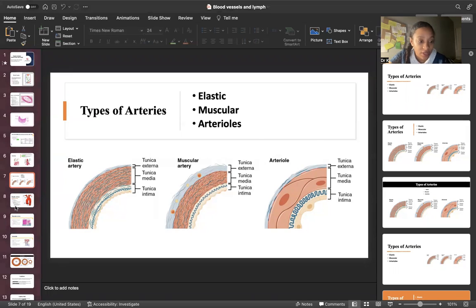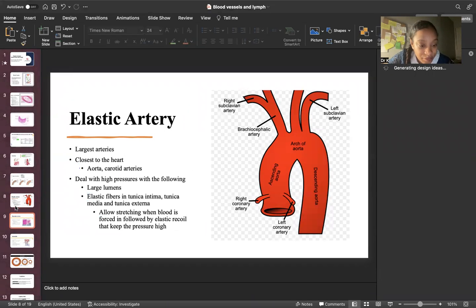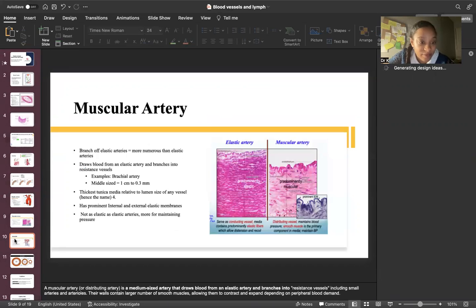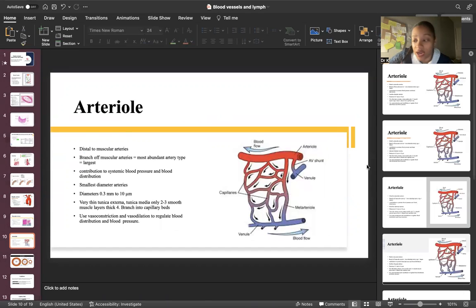All right, so that's that. And then we have our wonderful and beautiful arterioles. Like I said earlier, these are the ones that usually branch off the muscular arteries, right?